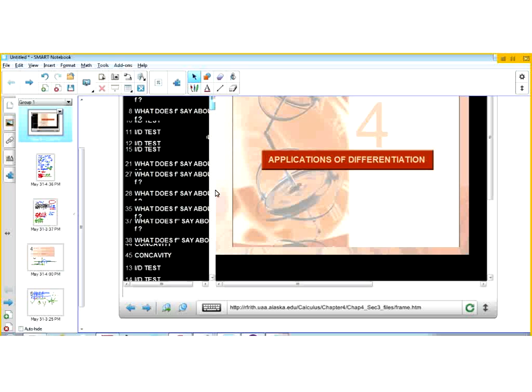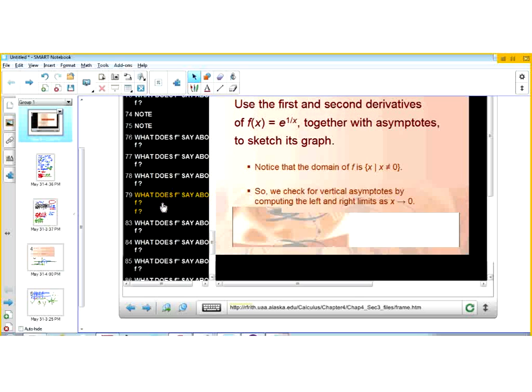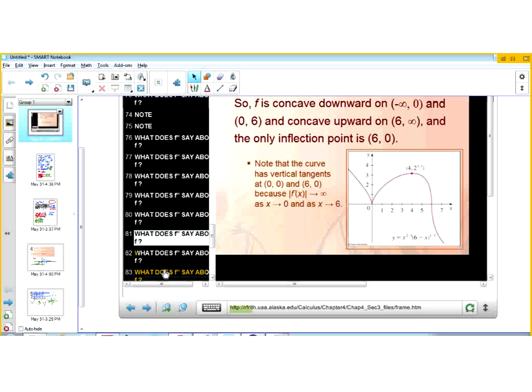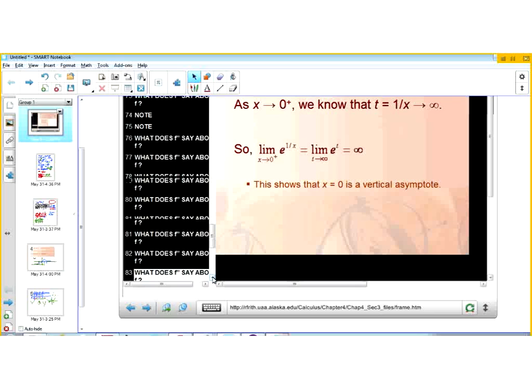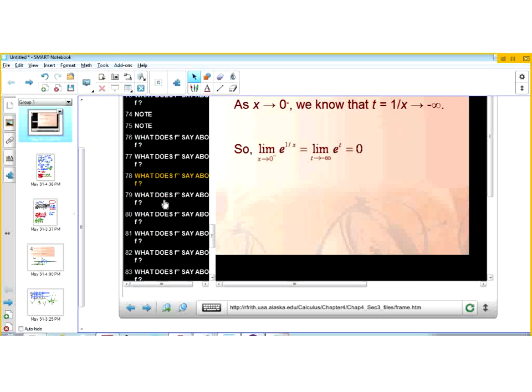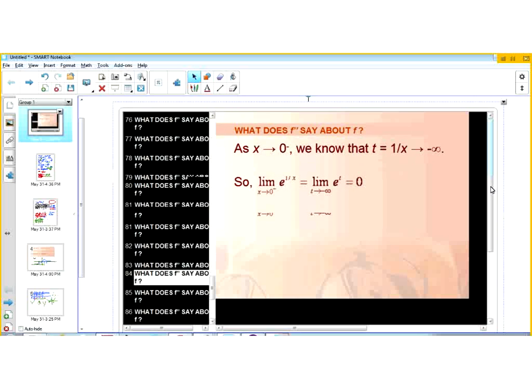Slide 82. Okay, so we can do it. Slide 83. Okay, we've done that. Okay, there are the limits. Okay, change of limit index, slide 84.